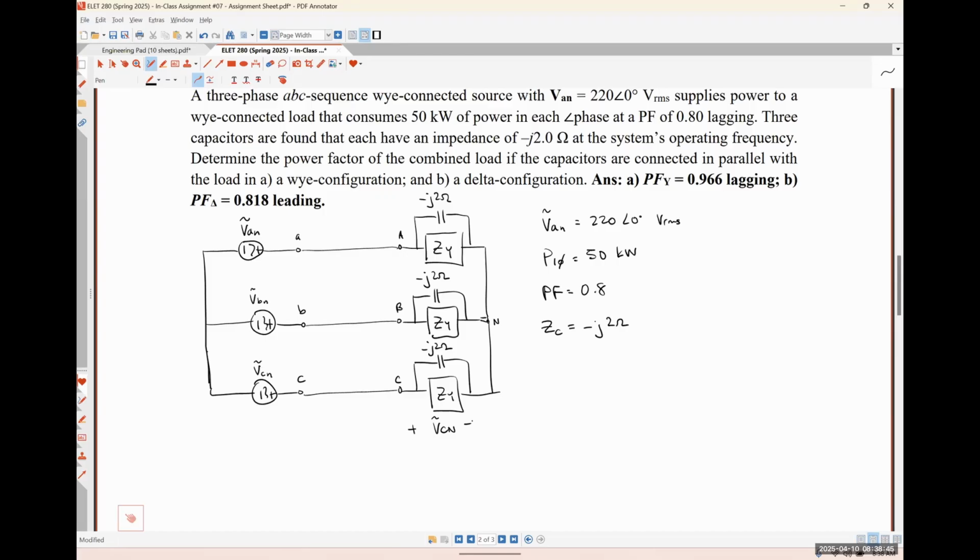ZY is going to see the same thing as our phase voltages of our source. So we know the voltage drop across that impedance ZY for the A phase, the B phase, and the C phase. The only other thing we would need to know to calculate that impedance would be the current flowing through each of those phases. So any thoughts on what we could do in order to find our current?